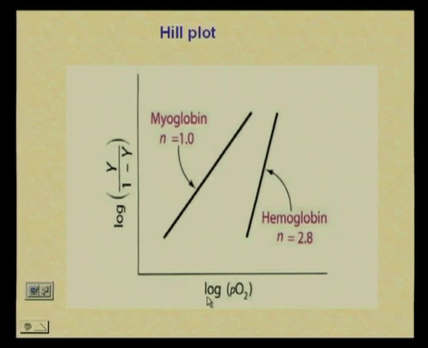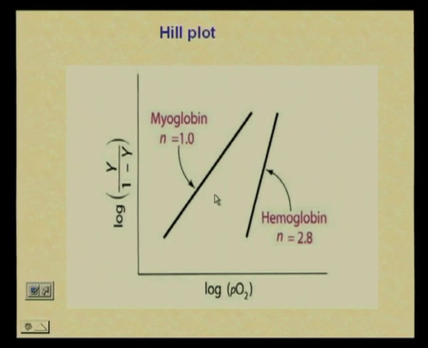Substrate concentration is measured by the partial pressure of oxygen in this case. So, when we have log Y over 1 minus Y, what do we get? For myoglobin, we get N equal to 1, and for hemoglobin, we get N equal to 2.8. This is the Hill plot, and these values are called the Hill coefficients.